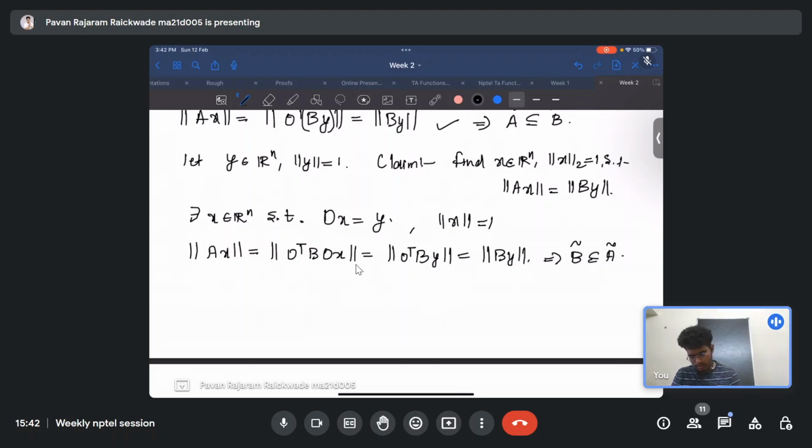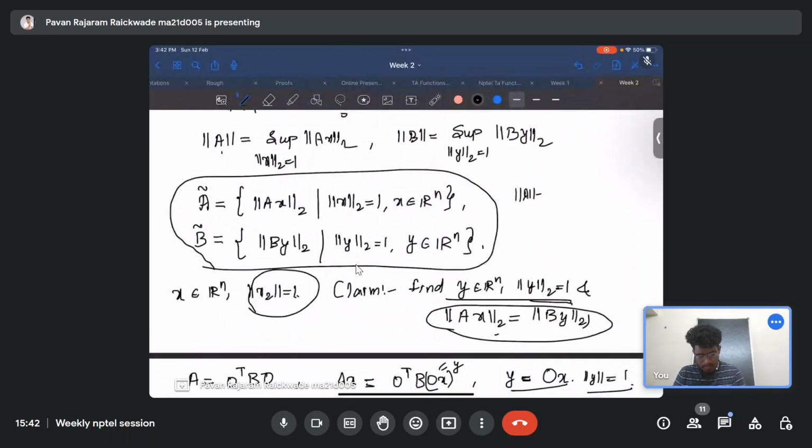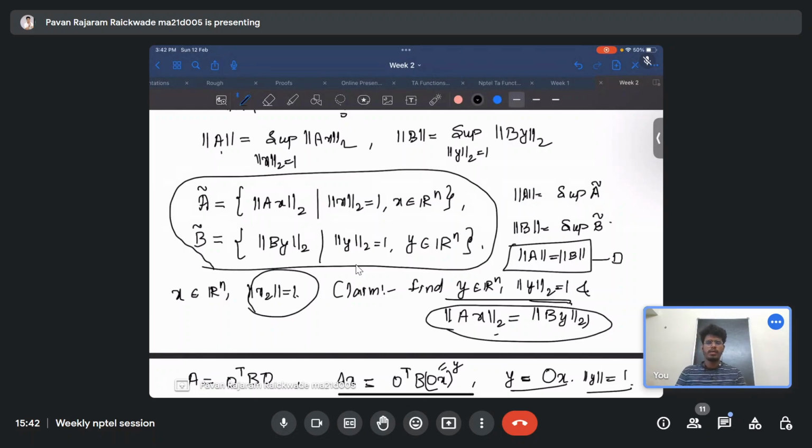So from 1 and 2, A tilde is the same as B tilde, so these two sets are the same. Norm A is just the supremum over the elements of A tilde, and norm B is just the supremum over the elements of B tilde. If the two sets are the same, their suprema are also the same. Okay, any doubts in this?